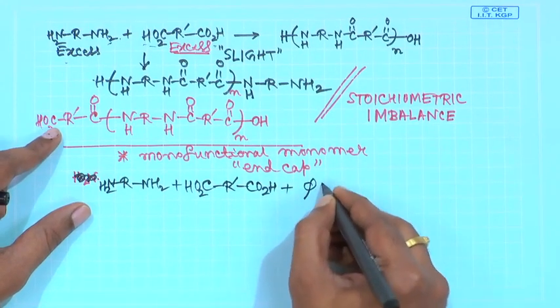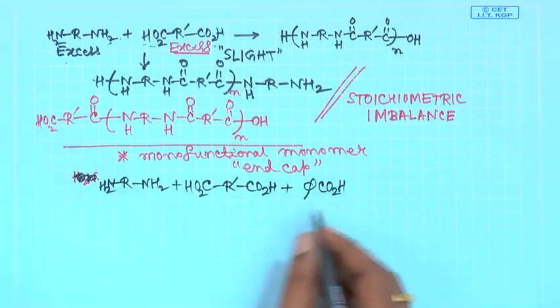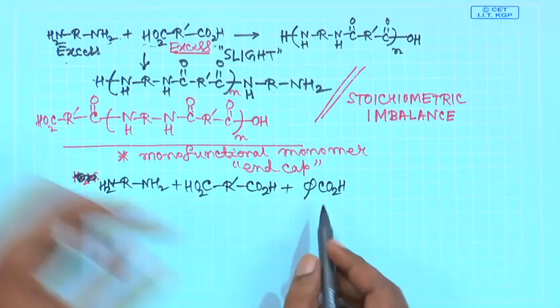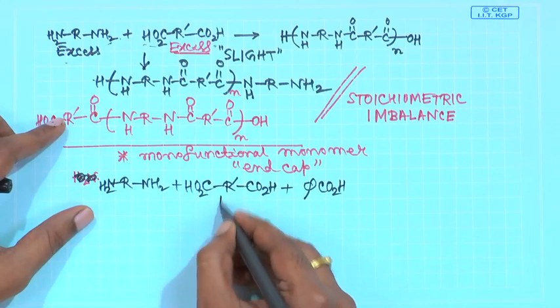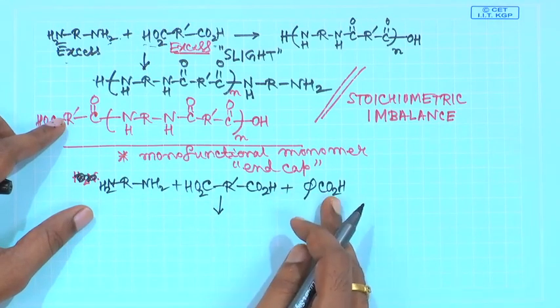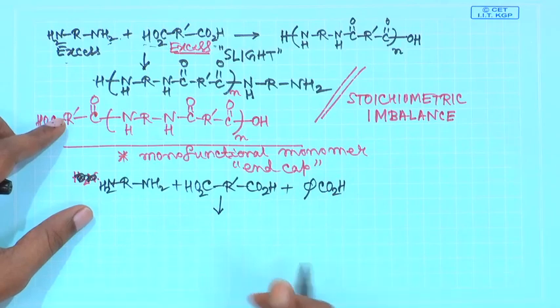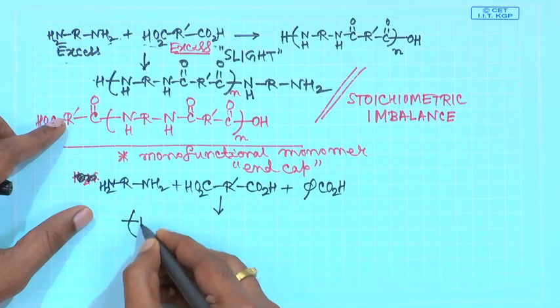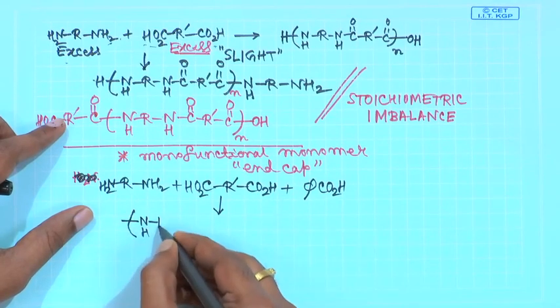And let us say we take benzoic acid as the monofunctional monomer. So, this phi is basically used as a substitute for the benzene ring. So, a benzoic acid. This is a monofunctional monomer because this does not have 2 CO2H units, it has only 1 CO2H unit. Now, when you are using this monofunctional monomer, what will be the product structure? Again, draw the repeat unit.